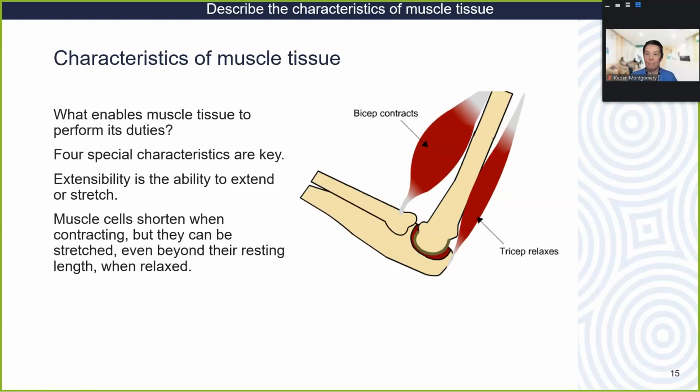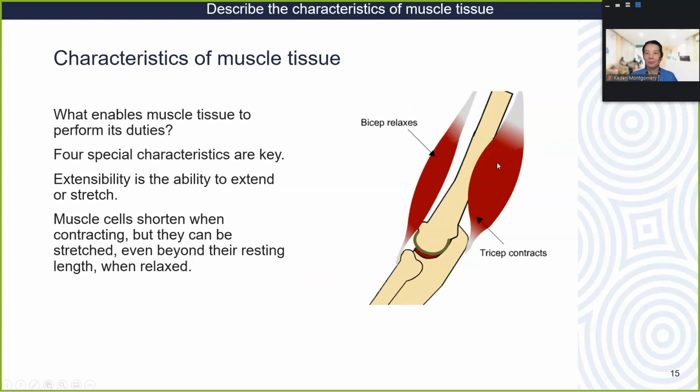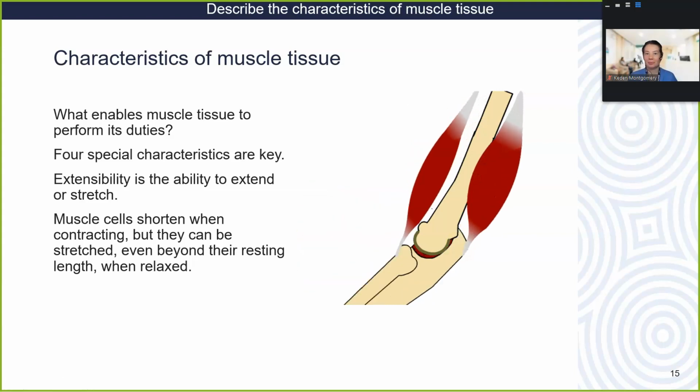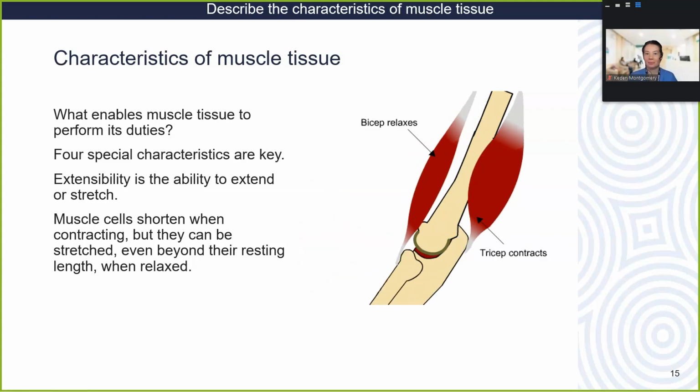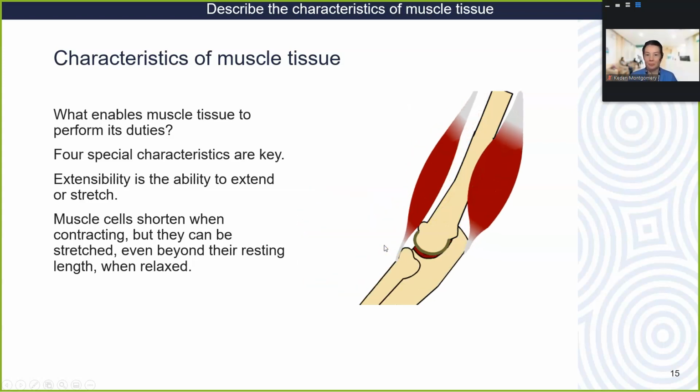The other thing that they can do is that they can extend. So they contract and they can also extend. And they can do that without being damaged. That's what makes muscles so good. And can you see how the muscles are there to move the bones around?